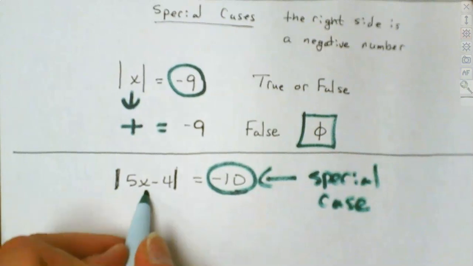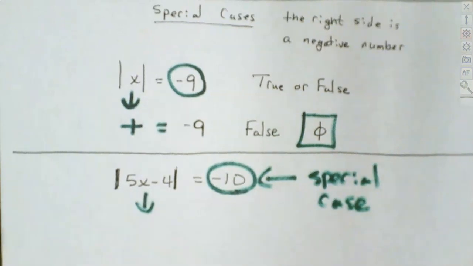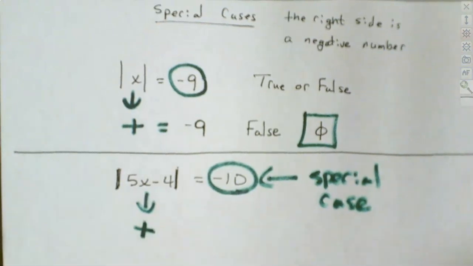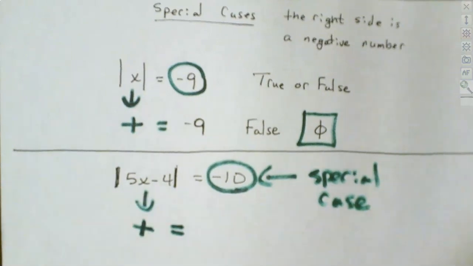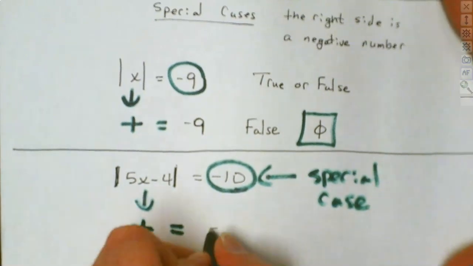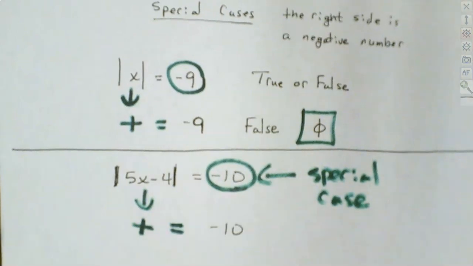Now, what do we know about absolute values? These special cases, we don't have to work them all the way out. They're either true or false. Okay, that's it. So, what do we know about an absolute value? What does it give you out? It gives you out either positive numbers or what? 0. Okay, so we're just going to say it's positive. Now, it could be 0, but that's not really that important. The positive part is. So can a positive number ever equal a -10?